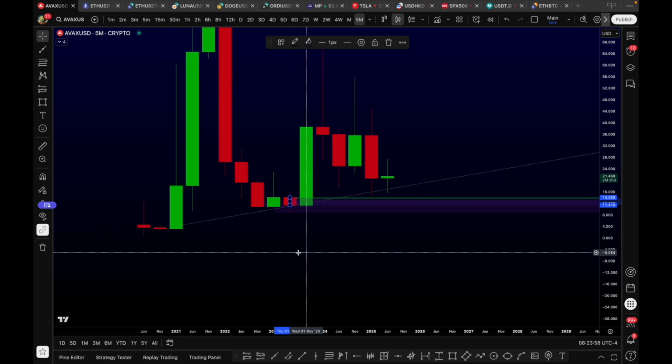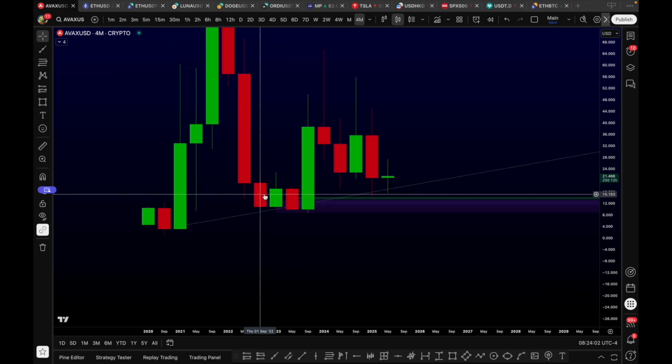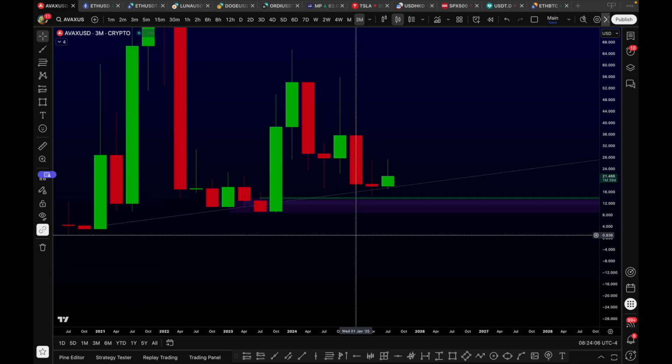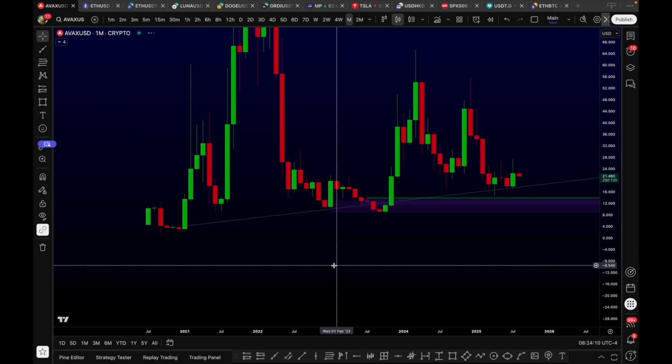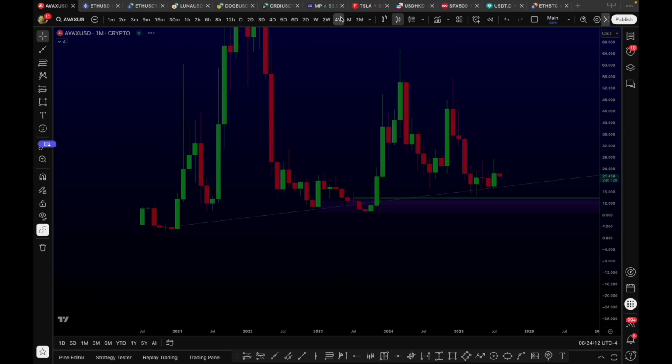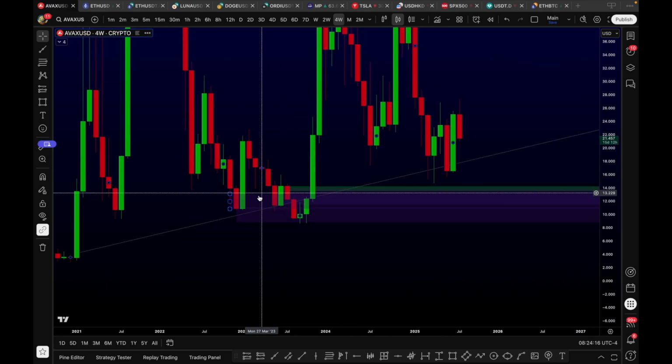So this is already a very great area of interest itself, without much refining. We have taken this block already, but it's still partial down there. Another block here. So this area is definitely interesting for buying AVAX.